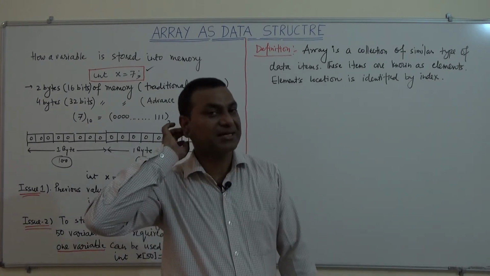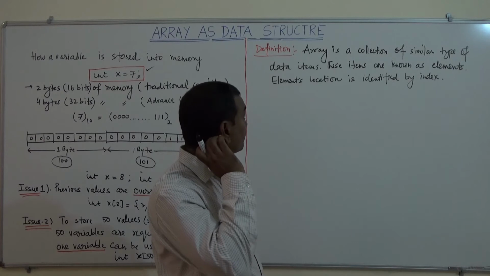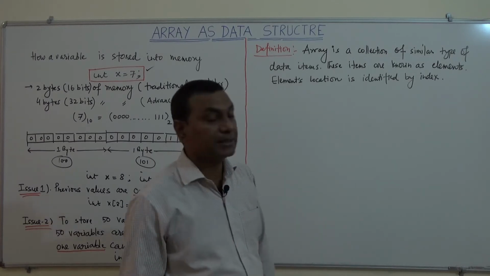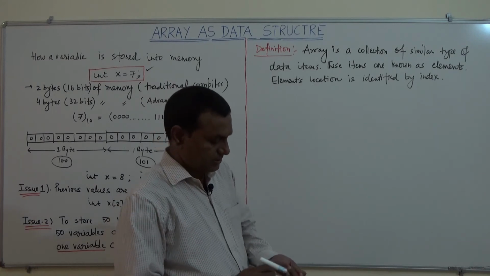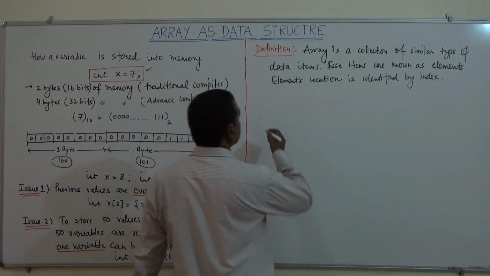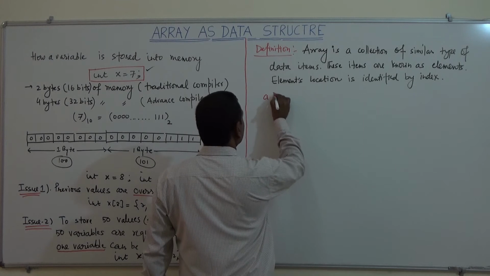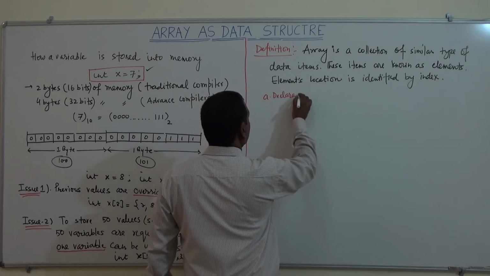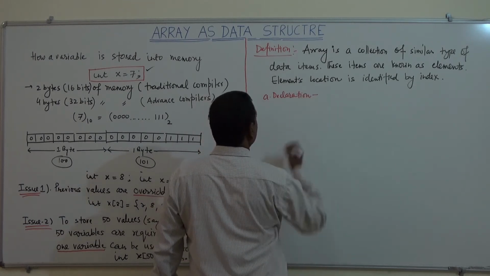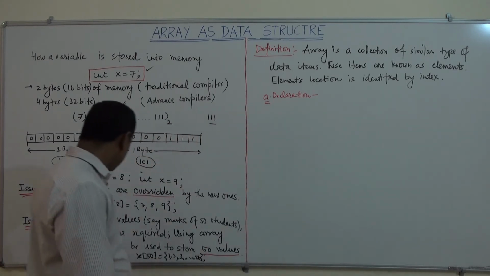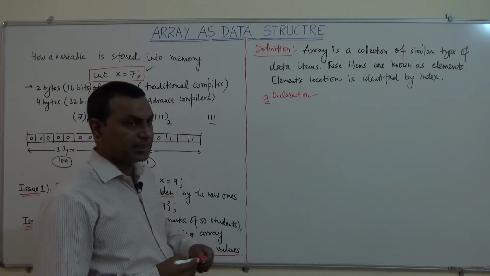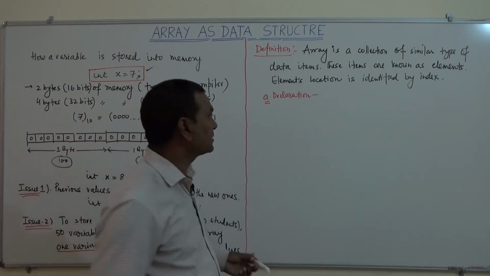So this is the basic definition of the array. Now we will see how we can declare it. So we will see its declaration. Here we have already seen how we can declare it. Now we will see the general syntax.